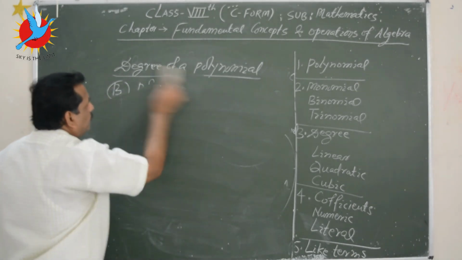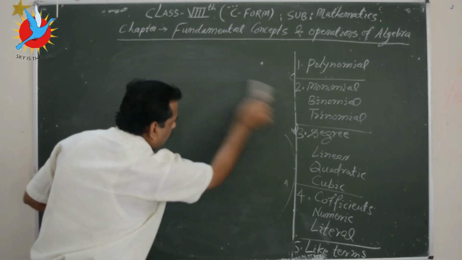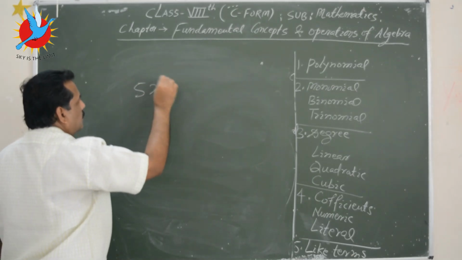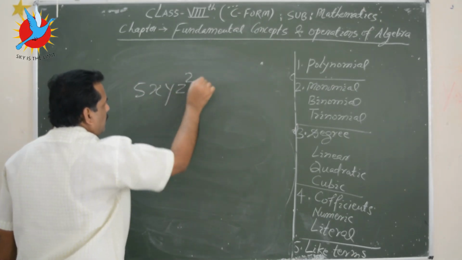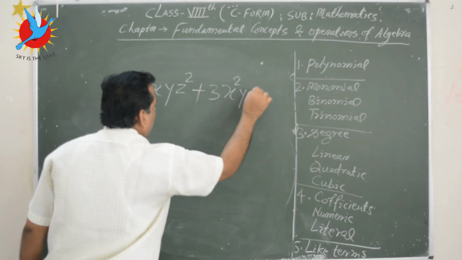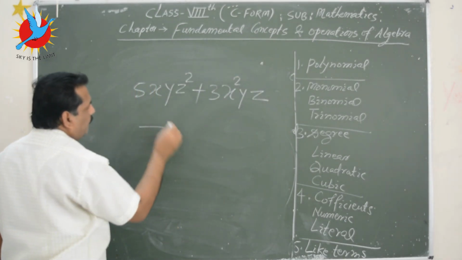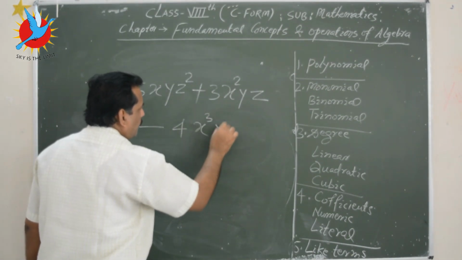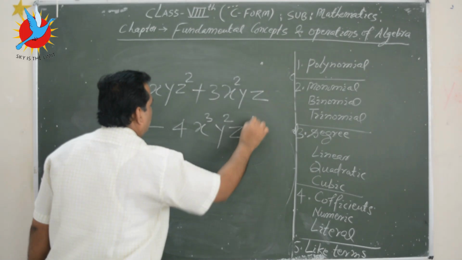I am taking another example of this kind, and pay your attention over here. This is a polynomial: 5x y z square plus 3x square y z minus 4x cube y square z to the power 4.